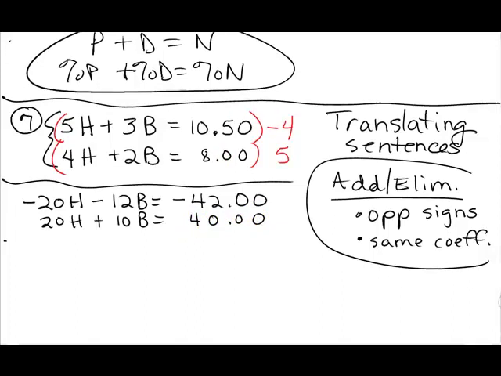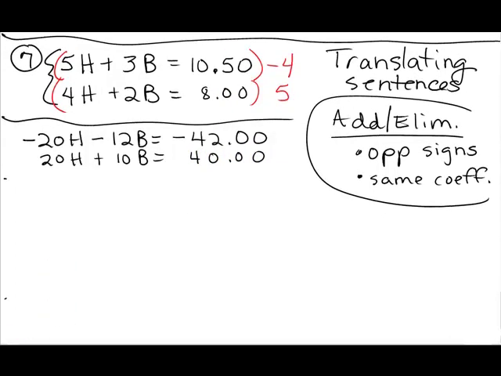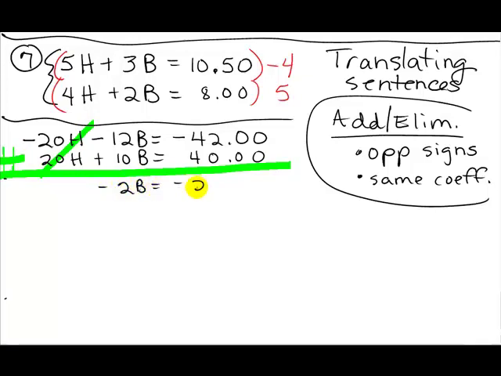Now I have my new equations. I can draw that line underneath, add them straight down, and these eliminate. We've got -2B equals -$2. Divide by the -2, and the bags of chips are worth $1.